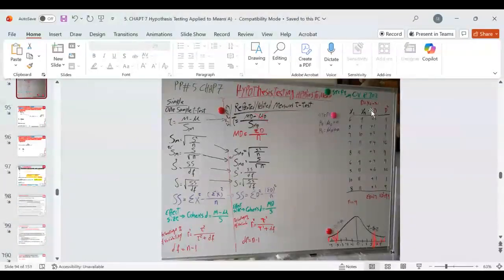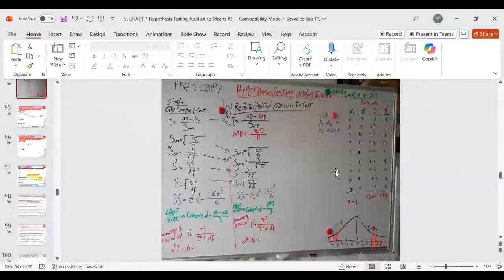Keep in mind the formula on the top right side of the screen, right under the critical values, page 702. It says D is equal to X2 minus X1. So always subtract X1 from X2. When you use SPSS, put your X2 column first, then X1.